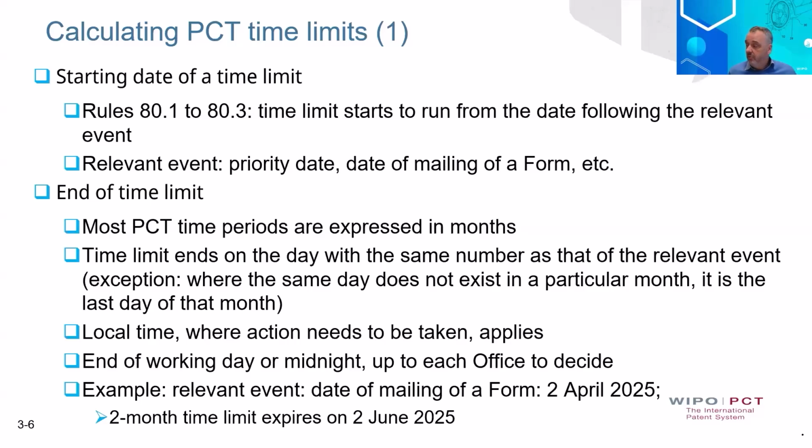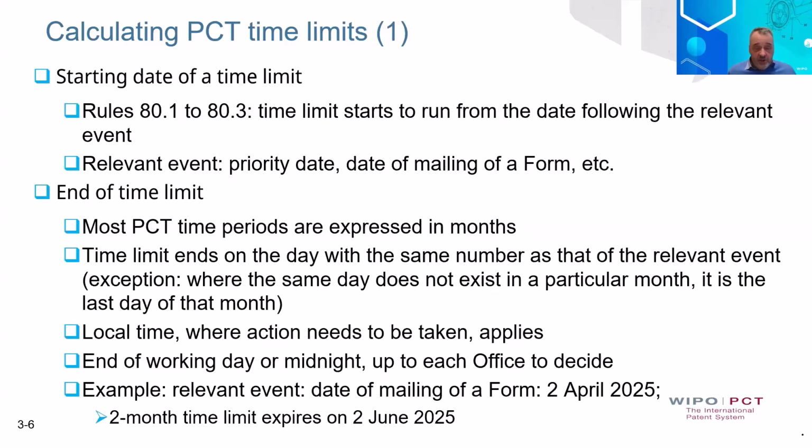So if you need to respond to a particular form, it's when your submission reaches the office where you have to file this particular document. So let's say your receiving office, you need to respond within 2 months to the receiving office. It's the date of receipt at the receiving office, local time.